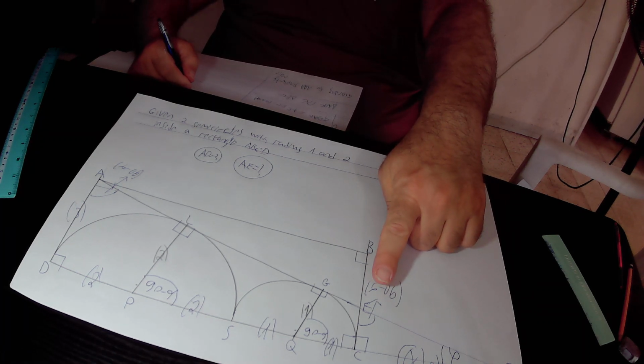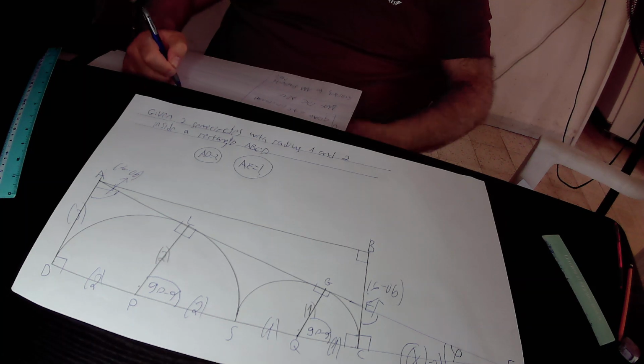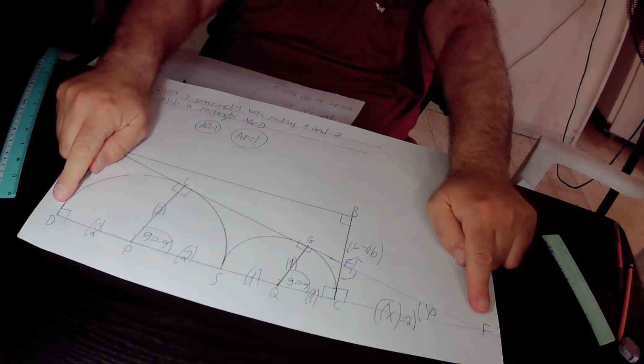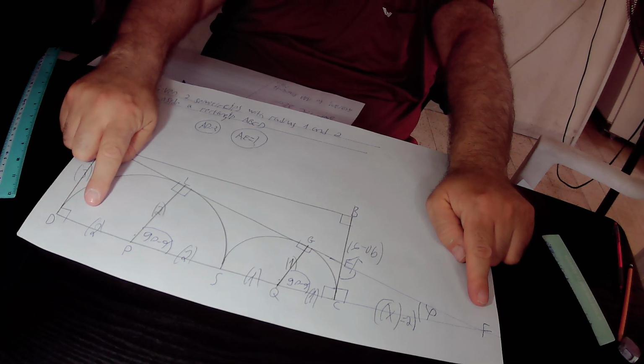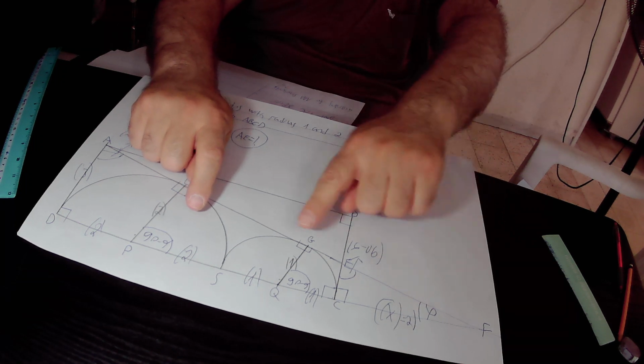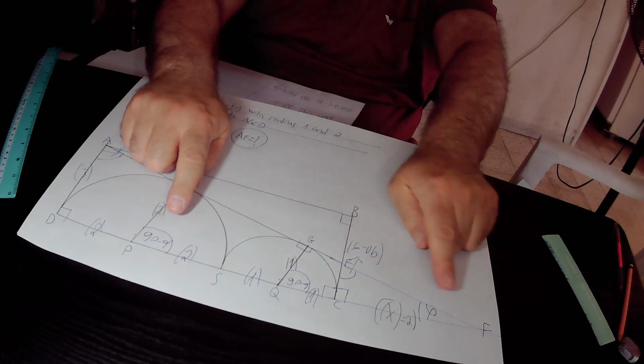EC is the missing side, so we leave it as it is, and it equals DF over CF. What is the length of DF? DF in total will be equal to 2 plus 2 plus 2, that is 6, plus 1 plus 1, so 6 plus 2 is 8. So in total DF equals 8.